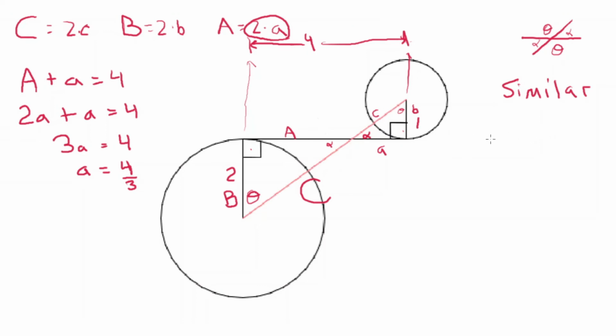Okay. We'll say equals little c squared. So let's do b squared then a squared. B squared is 1 squared. And a squared equals 4/3 squared.